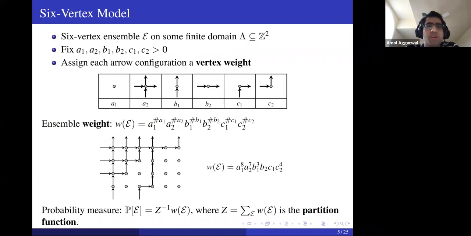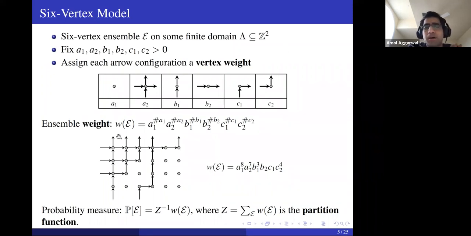So we'll fix some domain lambda again, and we'll fix some 6 vertex ensemble E on it. We'll fix some parameters A1, A2, B1, B2, C1, and C2, which are all positive. And we'll assign each arrow configuration a vertex weight. So here the empty arrow configuration has weight A1, the full one has weight A2, and I've likewise assigned weights B1, B2, C1, and C2 to the remaining 4 arrow configurations.